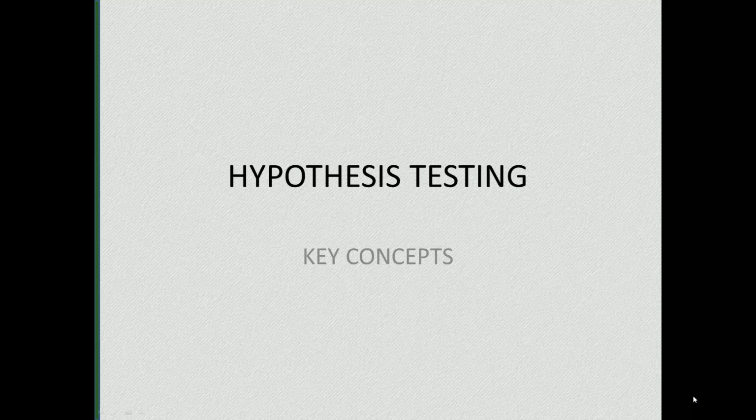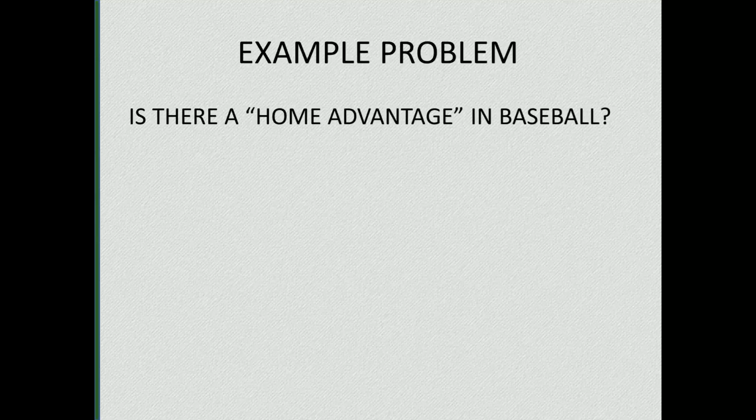In this module, we're looking at some key concepts associated with statistical hypothesis testing. I want to end this module by working through a real-world example. The research question for us is: is there truly such a thing as a home advantage in baseball?